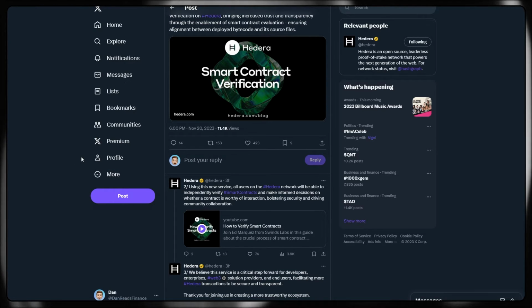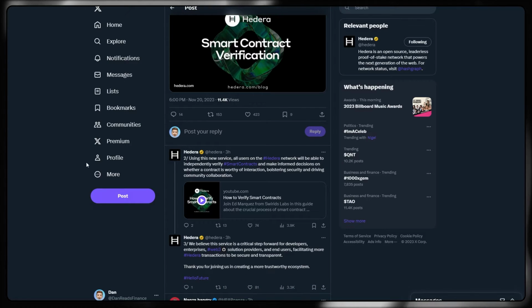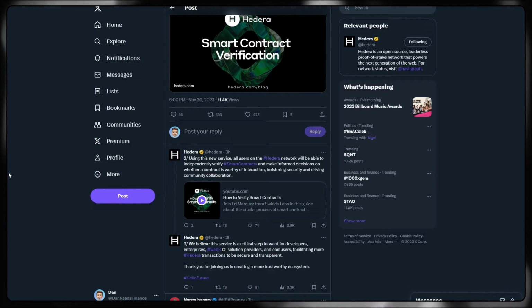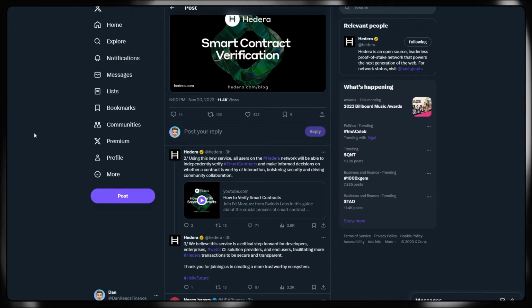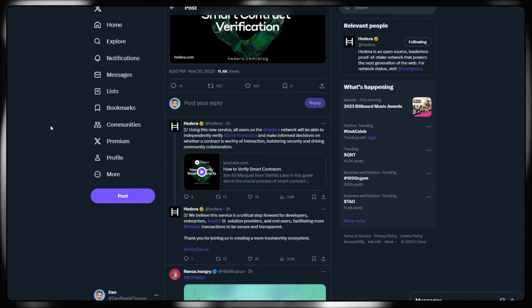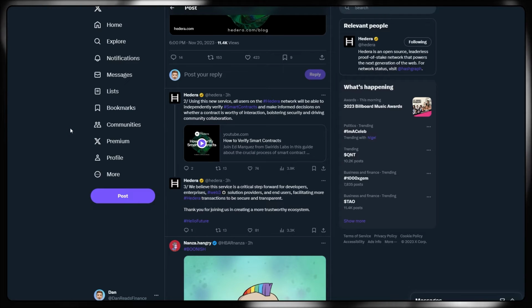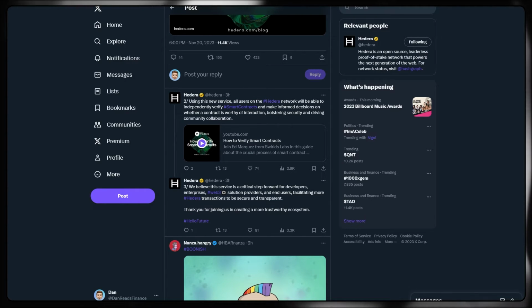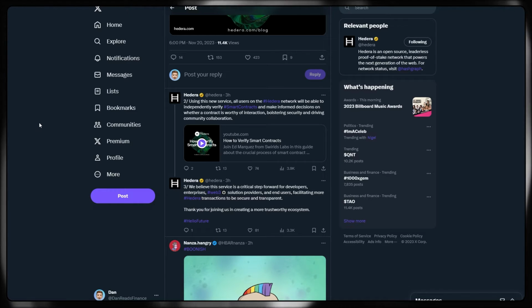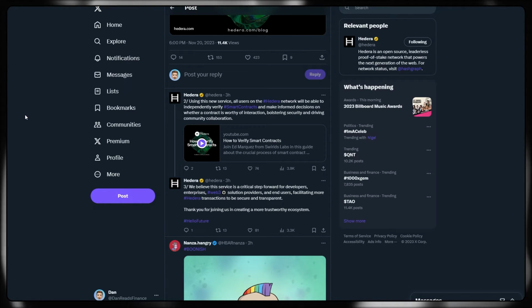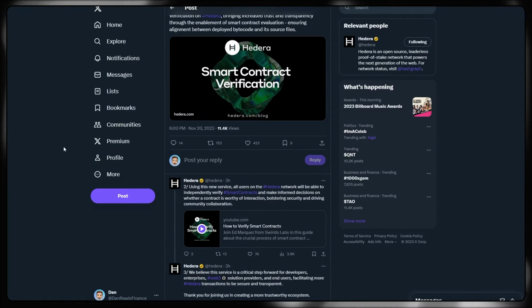Using the new service, all users on Hedera's network will be able to independently verify smart contracts and make informed decisions on whether a contract is worthy of interaction, bolstering security and driving community collaboration. We believe this service is a critical step forward for developers, enterprises, Web3 solution providers, end users, and should facilitate Hedera transactions to be secure and transparent.